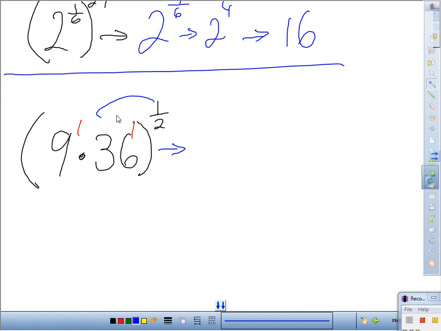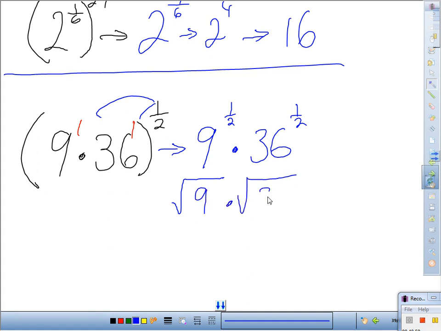This becomes 9 to the 1/2 times 36 to the 1/2. Wait a minute, I can rewrite this. This is square root of 9 times square root of 36. So this is 3 times 6, which is 18. Yes?